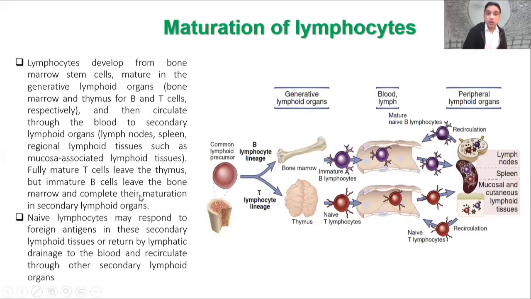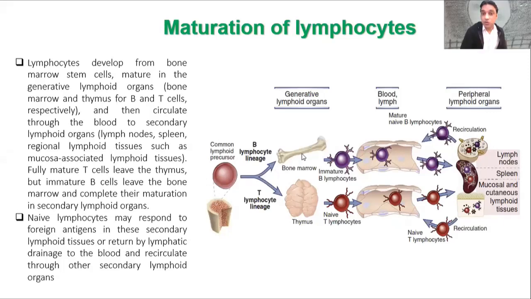Whether they are B cells or T cells, both of them have a common precursor, and that precursor is present within the bone marrow. More accurately, that precursor cell actually came from hematopoietic stem cells, जो हमने शुरू में देखा था. After that it changes its path.